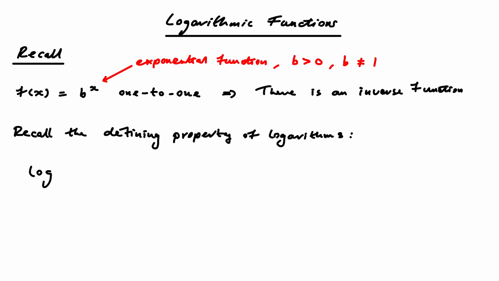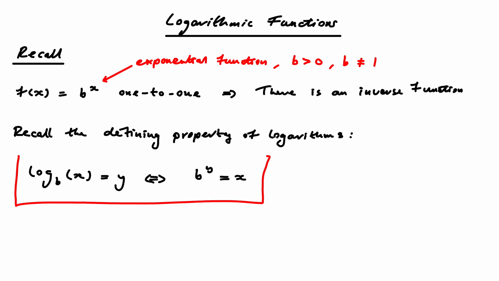Log to the base b of x is equal to y. This is exactly the statement that b to the y is equal to x. It's exactly that statement. Okay, this is the meaning of logarithms.